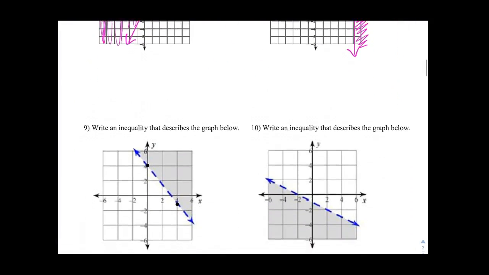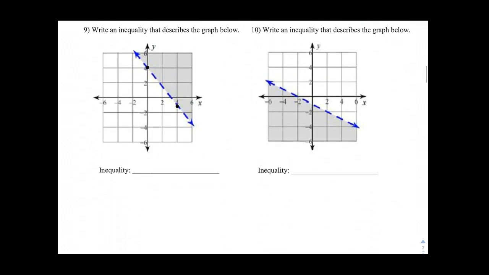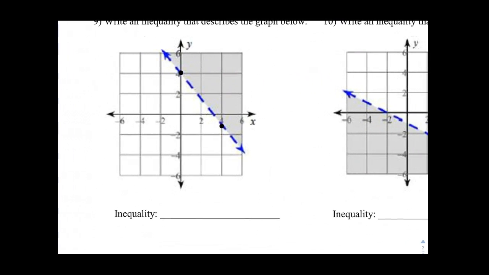Okay. Write an inequality that describes the graph below. So if I look right here, I start at 4. So I'm looking for a y equals mx plus b. I move down 1, 2, 3. Sorry, lied.